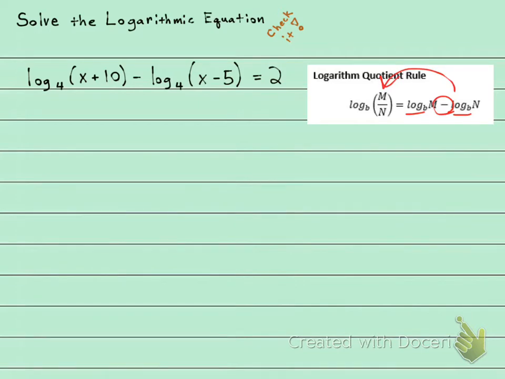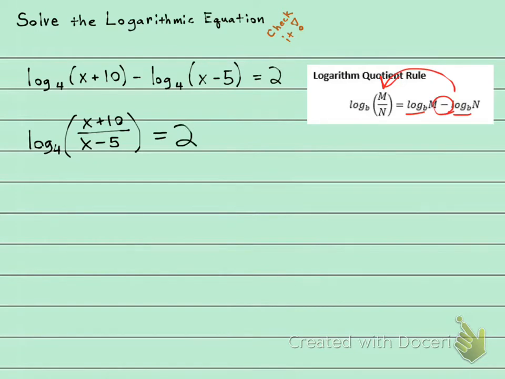So let's rewrite this. It's going to be log base 4 of x plus 10 is my numerator, comes first. The one that I'm subtracting, the x minus 5, is my denominator. All right, and this equals just a regular old 2.